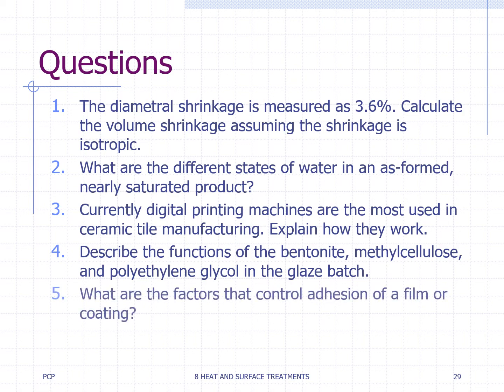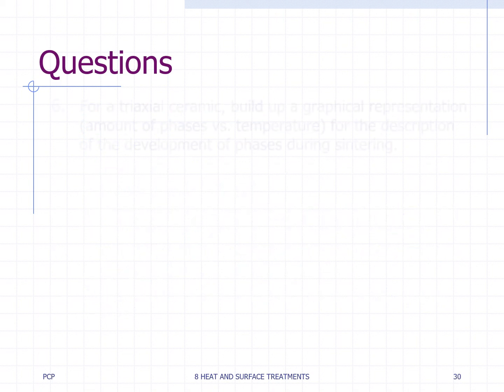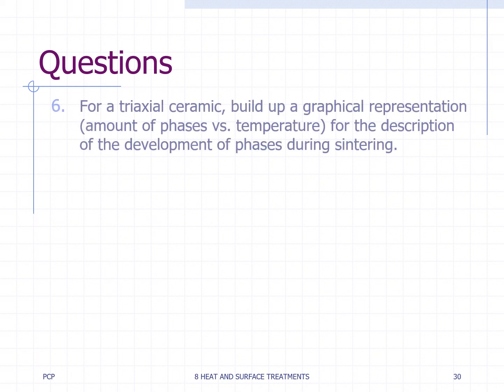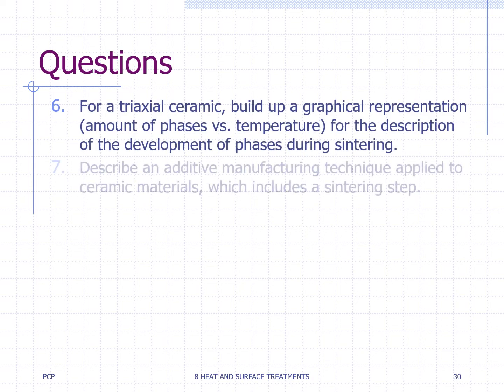What are the factors that control adhesion of a film or coating? For a triaxial ceramic, build up a graphical representation, amount of phases versus temperature, for the description of development of phases during sintering. Describe an additive manufacturing technique applied to ceramic materials which includes a sintering step.